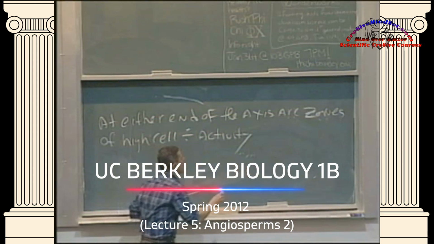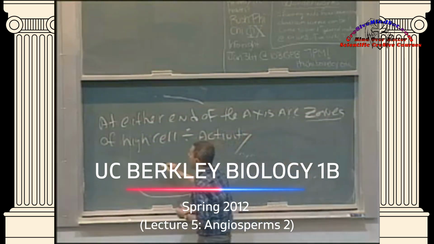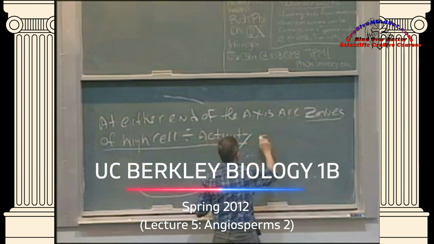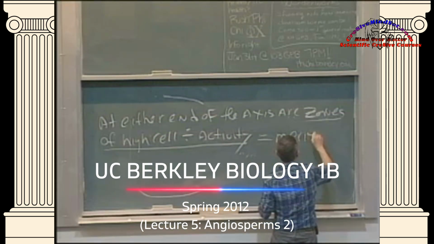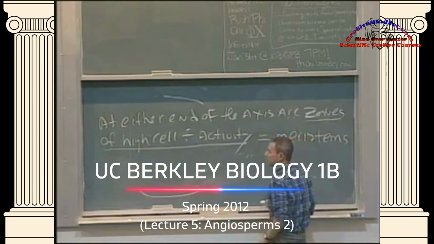Plant biologists call these zones of high cell division activity meristems.